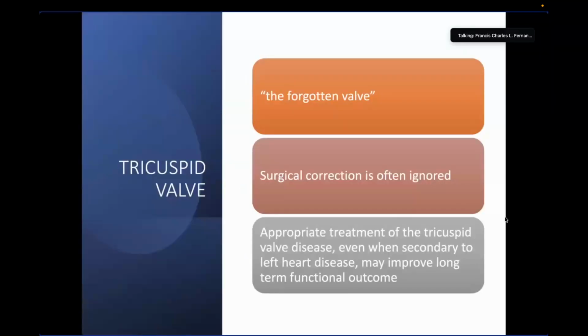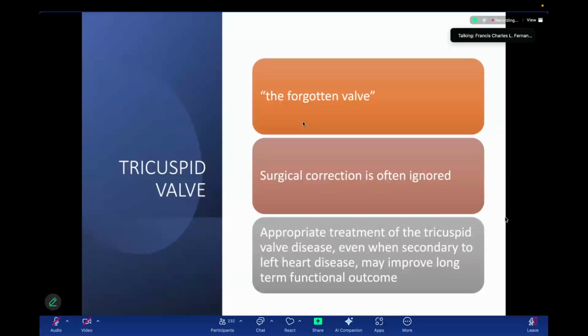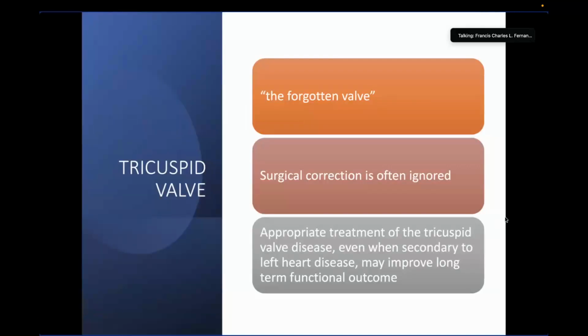So another valve would be your tricuspid valve. They call it the forgotten valve, because once you have TR, the primary mechanisms are in the mitral and aortic, usually the star of the show. But sometimes there might be patients with moderate to severe tricuspid regurgitation presenting with edema. So ito yung patients with probably some primary repair of the tricuspid valve.